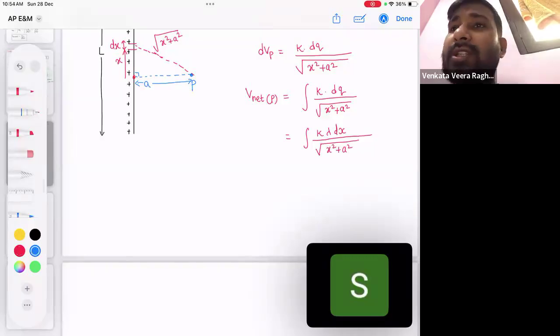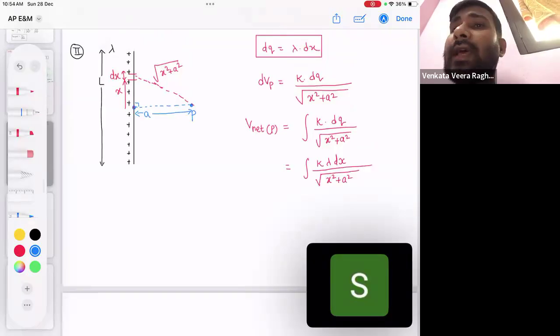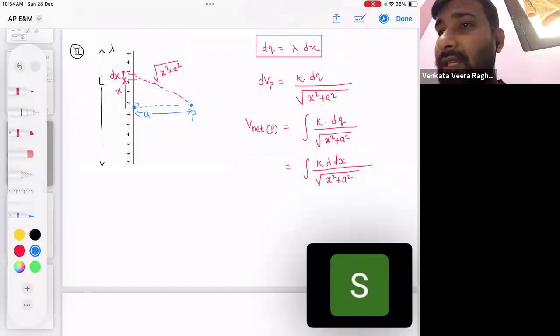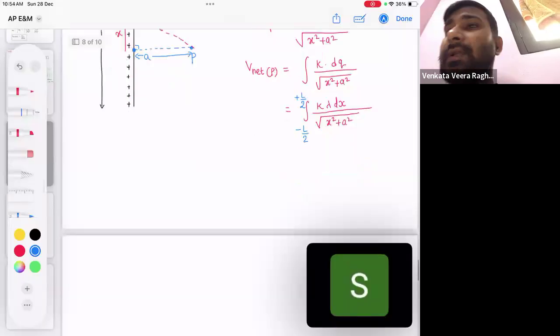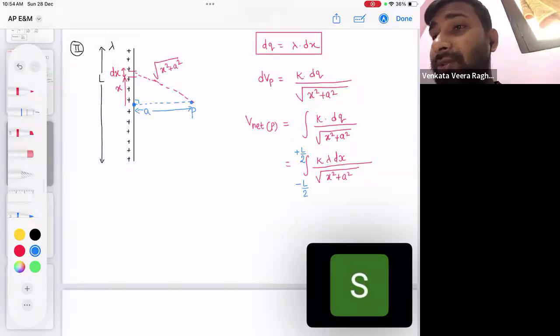What will be the limit of integration here? If you go one side of the center of the rod, you take plus L by 2, and if you go the other side, you take minus L by 2. So the limit of integration will be minus L by 2 to plus L by 2.